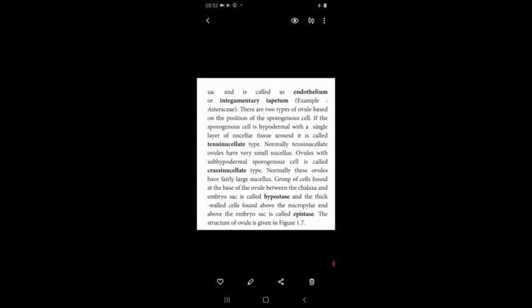Normally, tenuinucellate ovules have a very small nucellus because it is surrounded by only one layer or one integument. That's why they have a very small nucellus. Another one, crassinucellate.